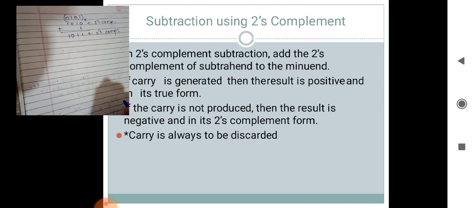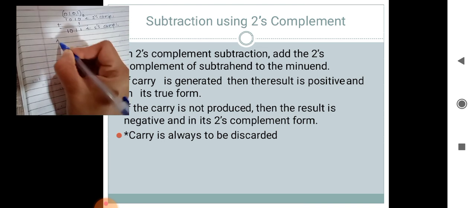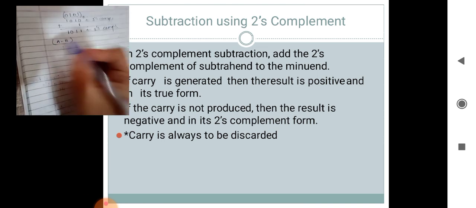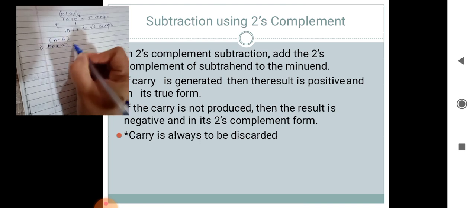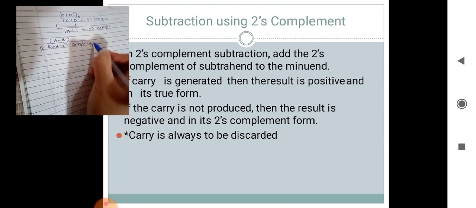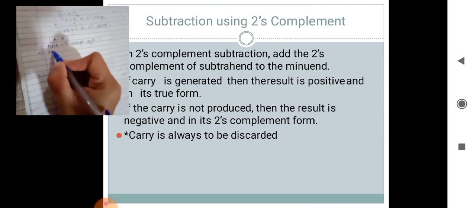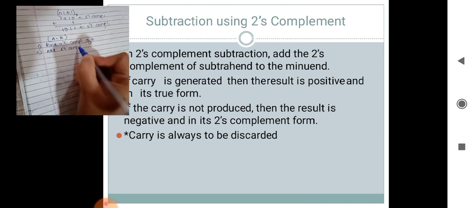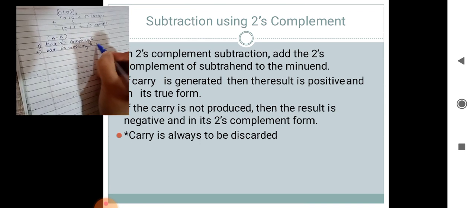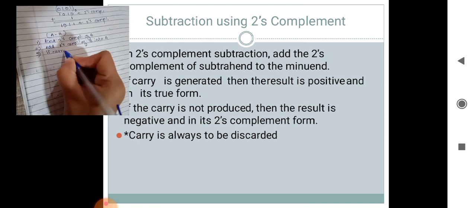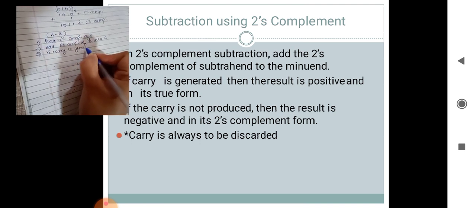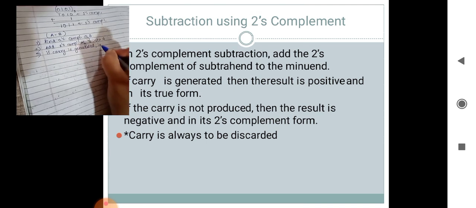Now see the rules for subtraction using twos complement. The rules: if numbers A and B are given, and I want to subtract B from A, the first rule is find out twos complement of B. Then the second rule is add twos complement of B into A. Third rule is if carry is generated, ignore that carry, or discard that carry, and consider the answer is positive.